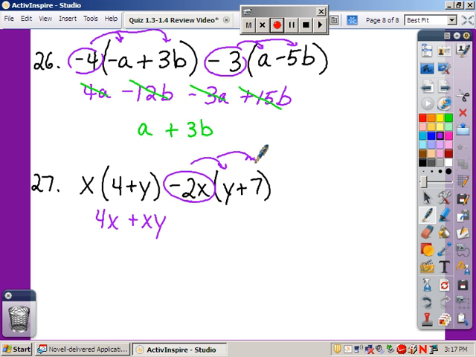That's going to be negative 2xy and negative 14x. So I see 4x and negative 14x, that's negative 10x. I see positive 1xy minus 2xy, that's going to leave you with negative 1, or just negative xy. All done.